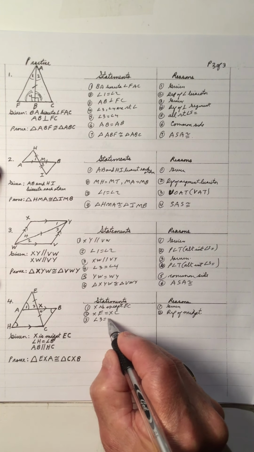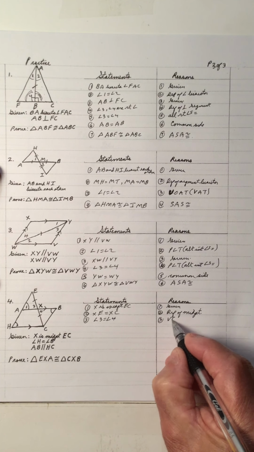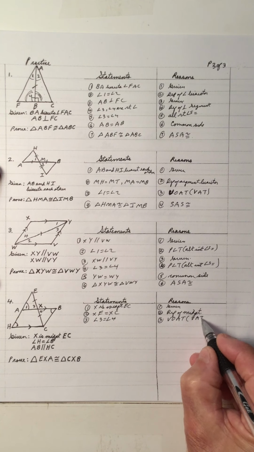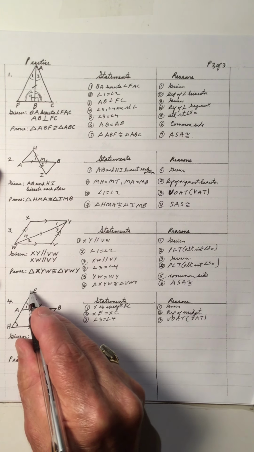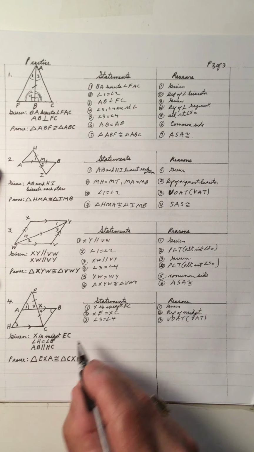Angle 3 equals angle 4, VOAT, or again VAT, vertically opposite angle theorem. If two lines intersect, then the vertically opposite angles are equal.